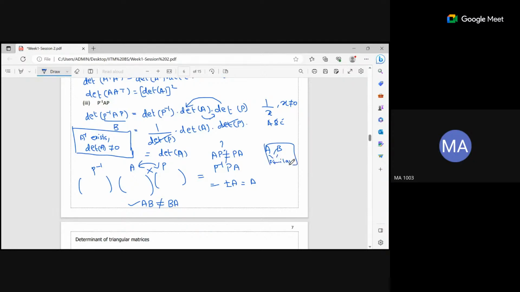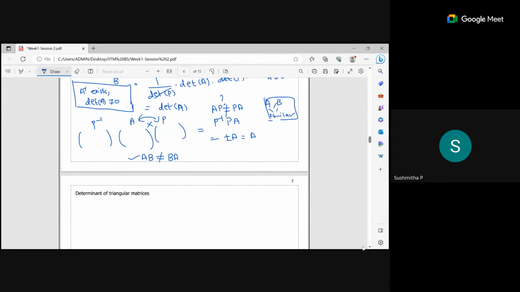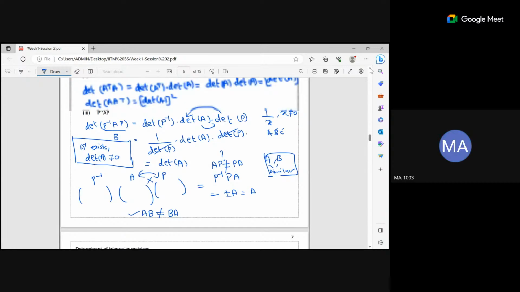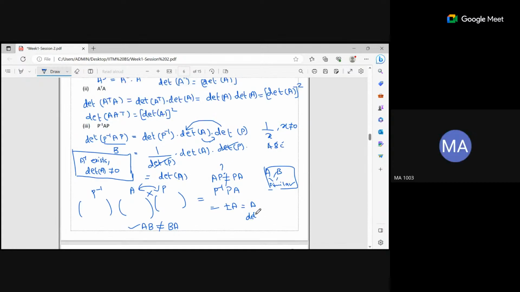Okay, fine. So, Lavanya, one second. That determinant of ABC thing, what you wrote down was right? The determinant of ABC is the determinant of AC into the determinant of B. That is fine, right?